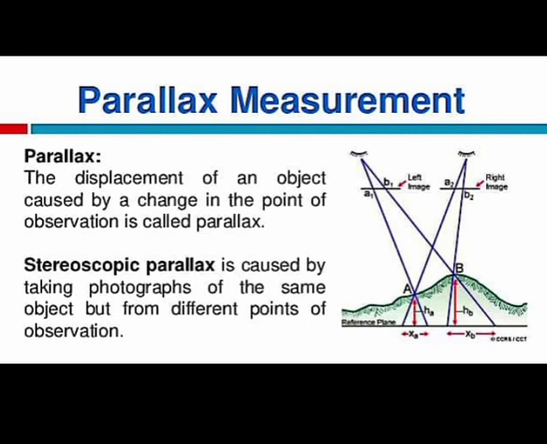Parallax refers to the apparent change in the relative position of a stationary object caused by the change in the viewing position, right? In a few words, displacement of an object caused by the change in point of observation is called parallax. Stereo parallax is caused by taking photographs of the same object from different points of observation.